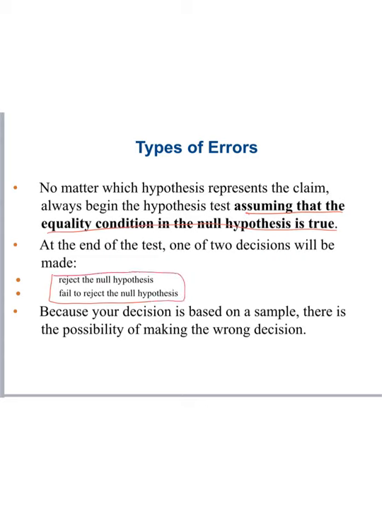If you reject the null hypothesis, that means it's false, which also means the alternative hypothesis is true. If you fail to reject the null hypothesis, that means the null hypothesis is true, and that also implies the alternative hypothesis is false.